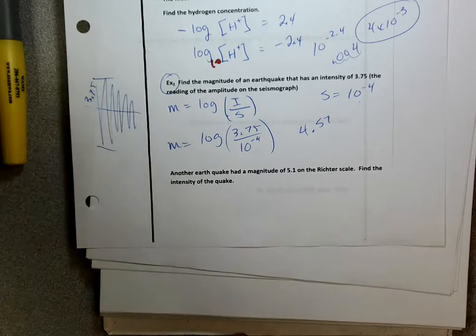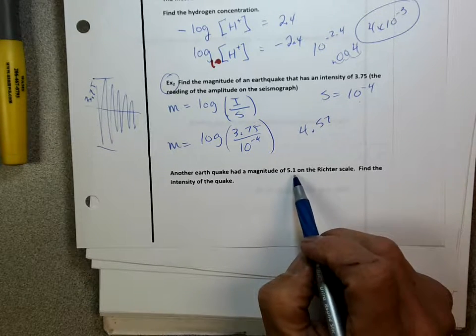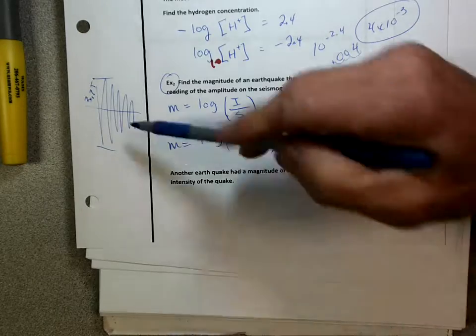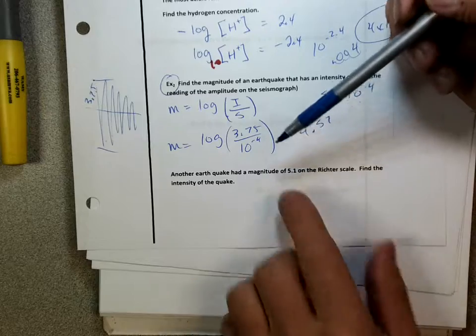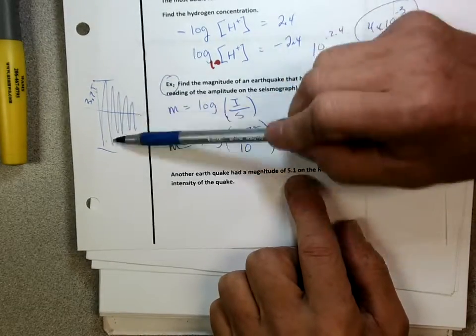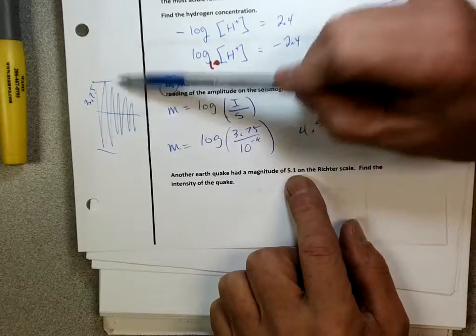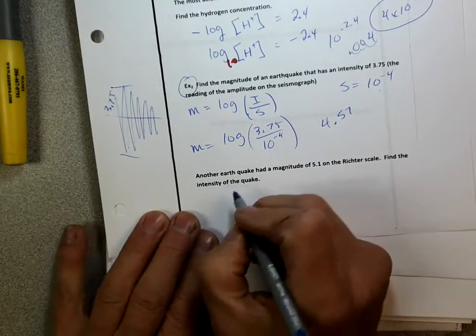Okay. All right, the next example just kind of works backwards. If you've got a 5.1 earthquake, how much is your seismograph going to go back and forth? Does that make sense? An earthquake shakes the earth. How big is this machine going to go back and forth? All right. Seismograph, yeah. So we set it equal to the 5.1, right?